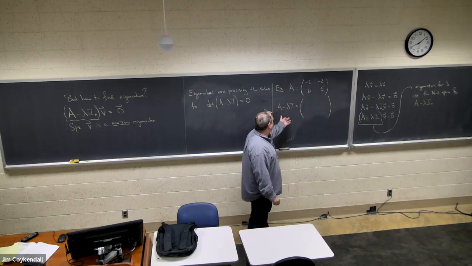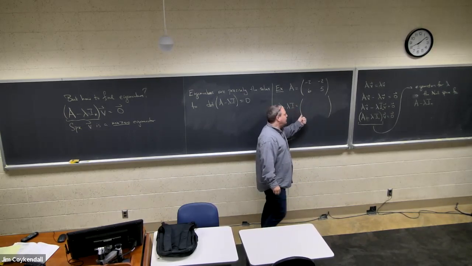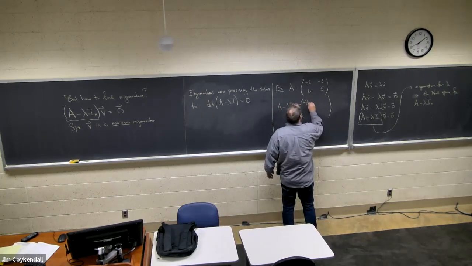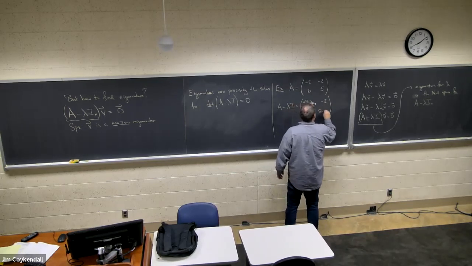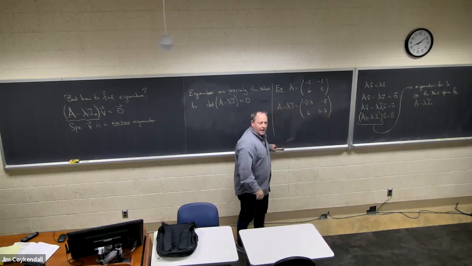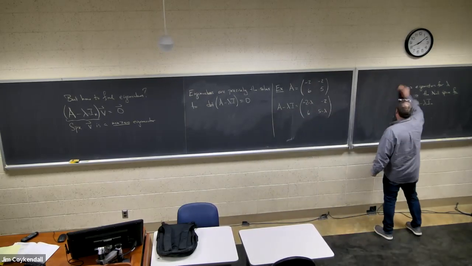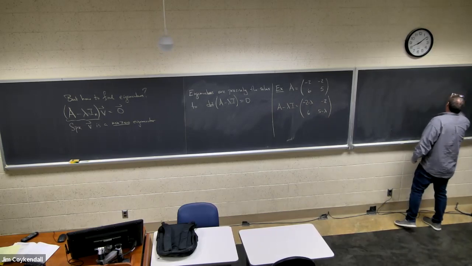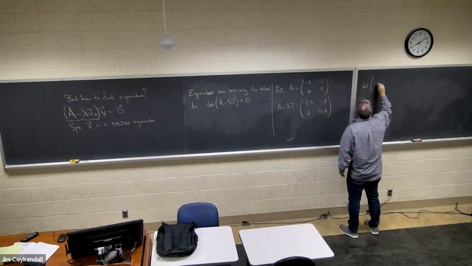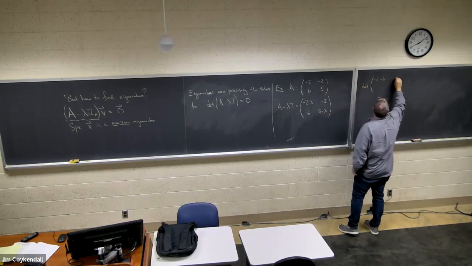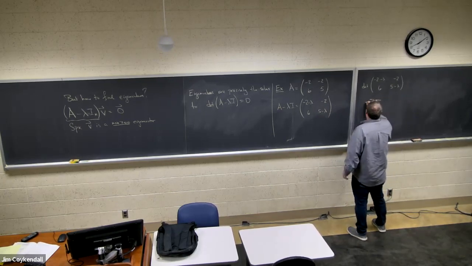A minus lambda I. This means A minus lambda times the identity matrix, so you're basically just subtracting lambda from the diagonal elements. All right, okay with me? And now let's hit this up and see what we get.